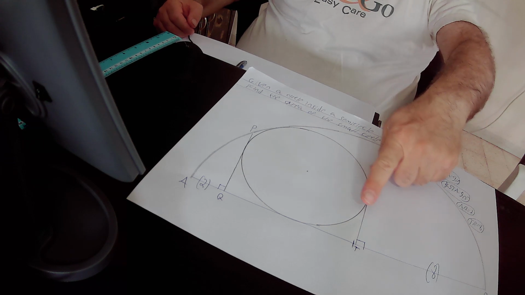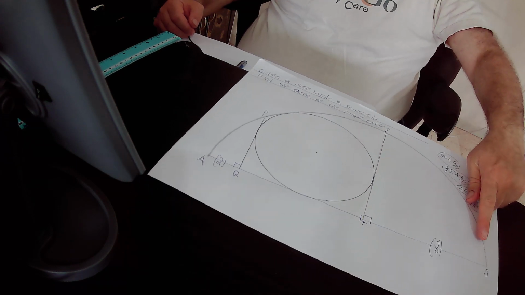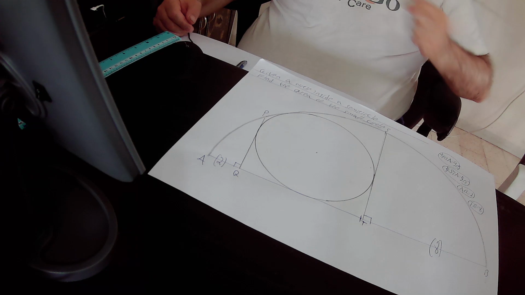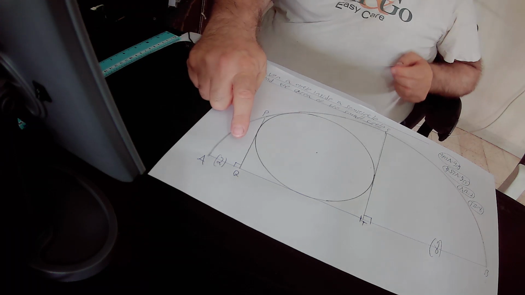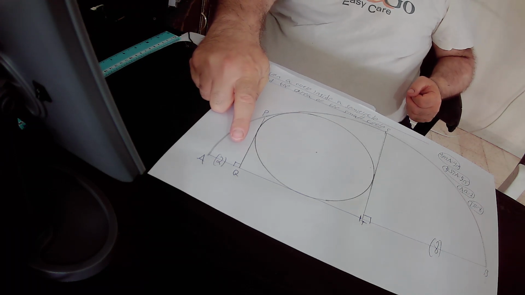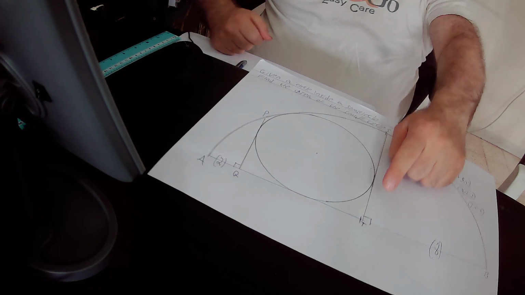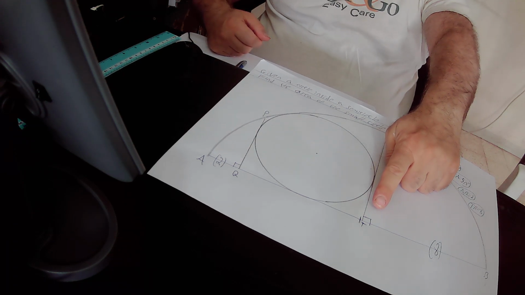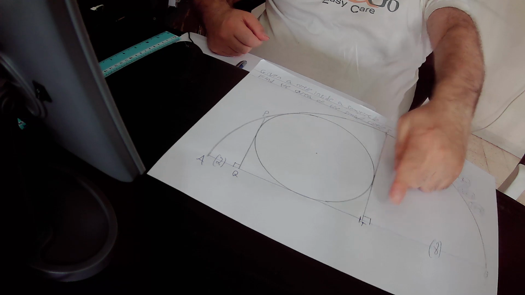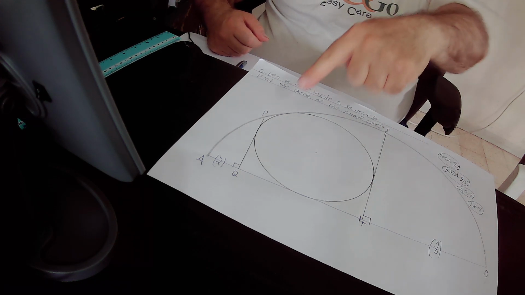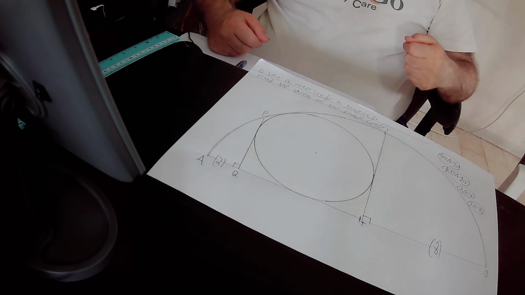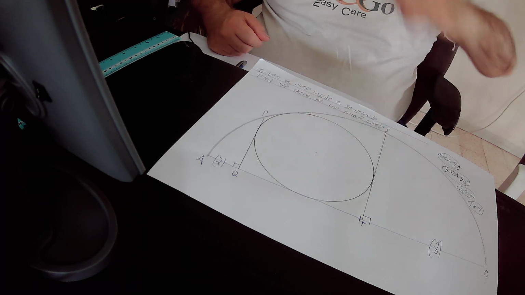Line segment TB equals 8 units in its length. This is angle PQA, a right angle. This is angle STB, also a right angle. Inside this semicircle we have this small circle, and our mission is to find the area of this small circle.